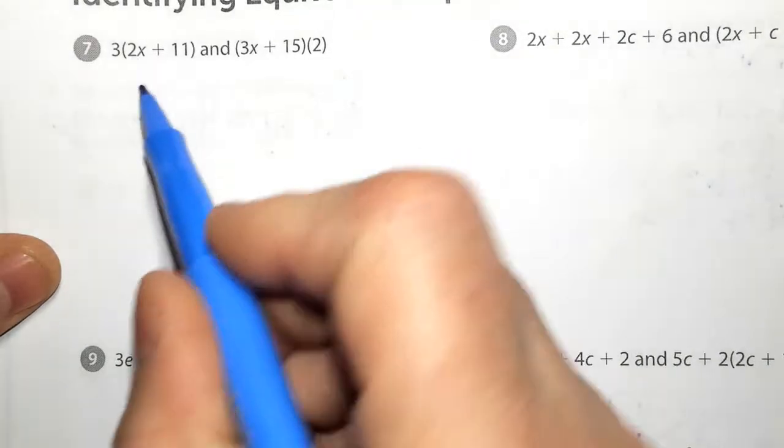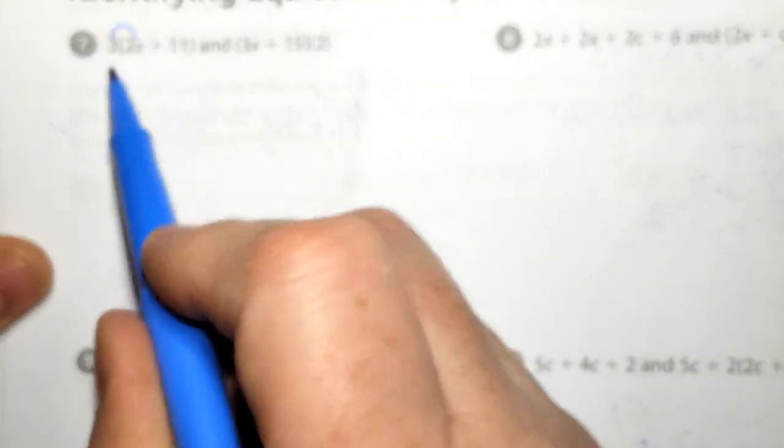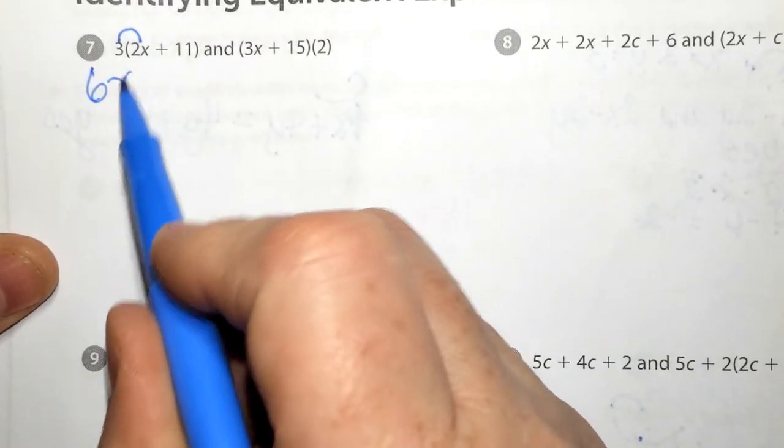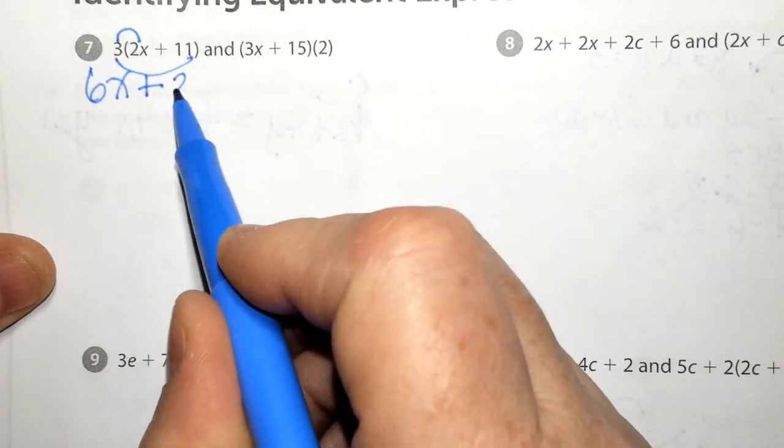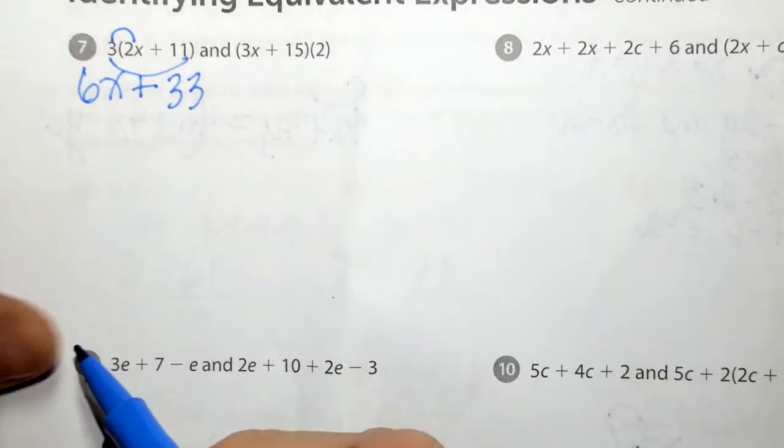Okay, so 3 times 2x is 6x, plus 3 times 11 is 33. Okay, we want to see if that is equal to 2 times... Oh, I apologize, this keeps getting blurry. Let me raise it up a little bit, see if that helps.